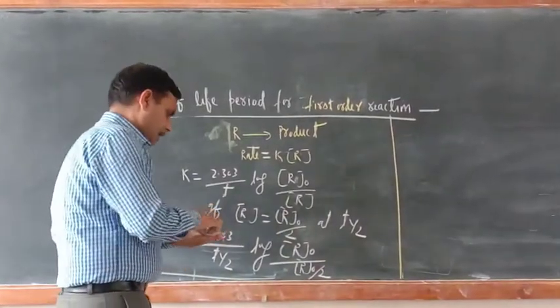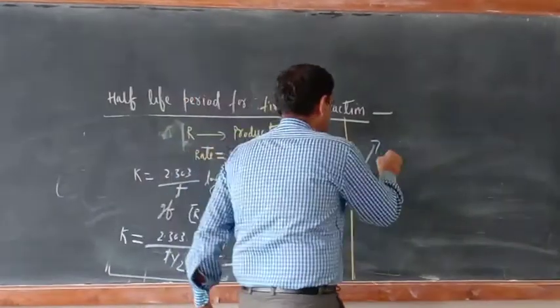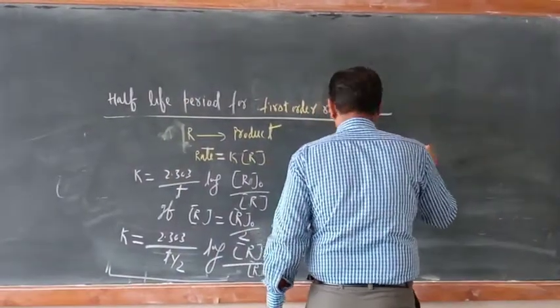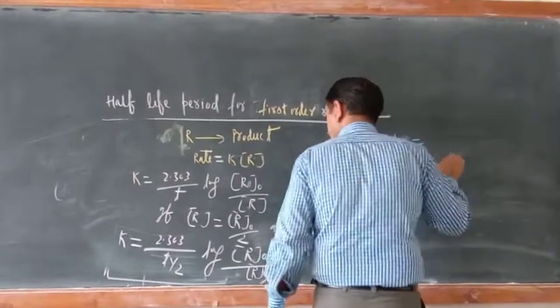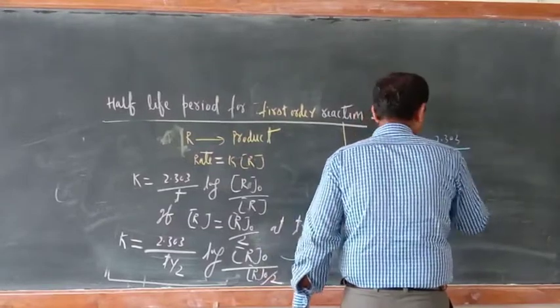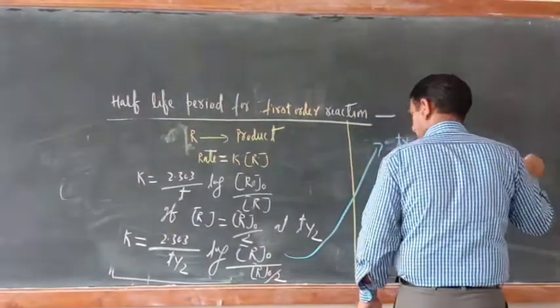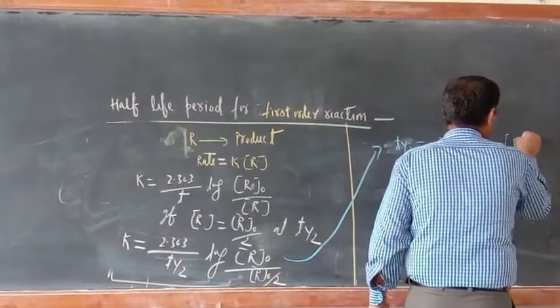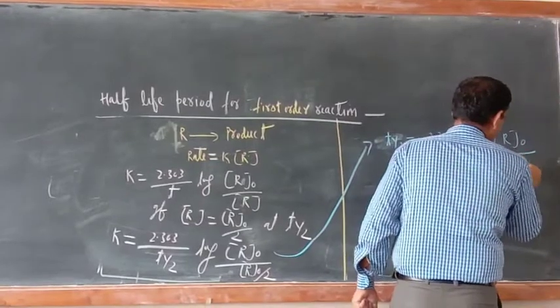So now again I am writing this side. This can be written, you can write t half equal to 2.303 divided by k, and here what was there? log r0 by r0 by 2.